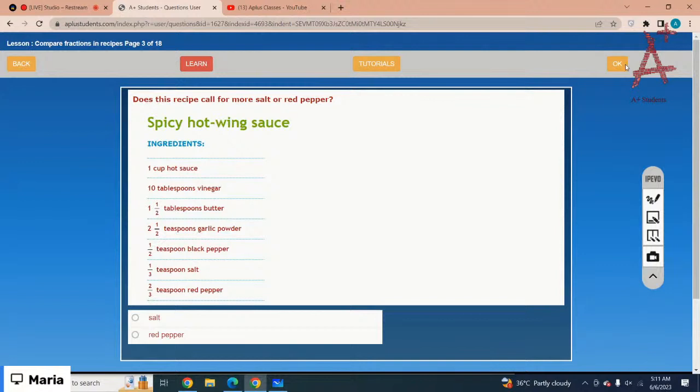You need more red pepper than salt. Got it? Because two-thirds is greater than one-third.